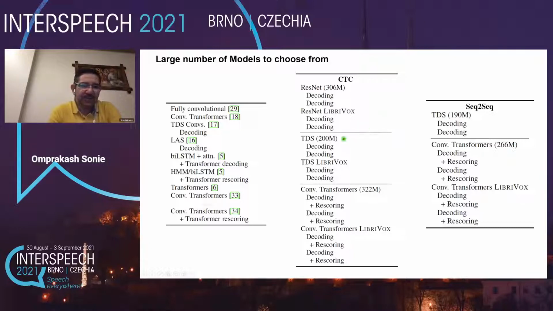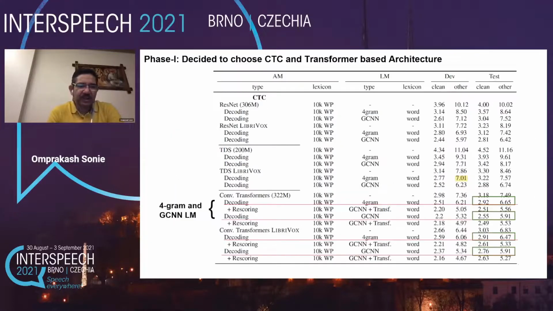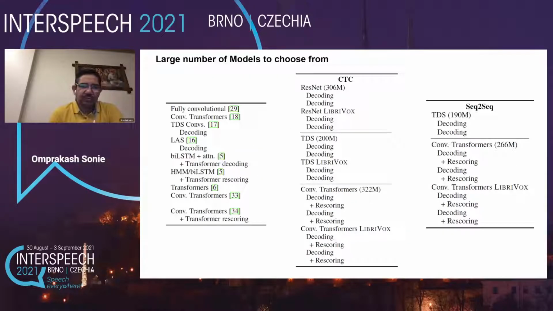Then the TDS model with 200 million parameters, and TDS again with LibriVox. And the convolutional transformers have 322 million parameters, and again the same convolutional transformer with LibriVox, which is again very huge. So this is just, at a high level, how many models are possible.